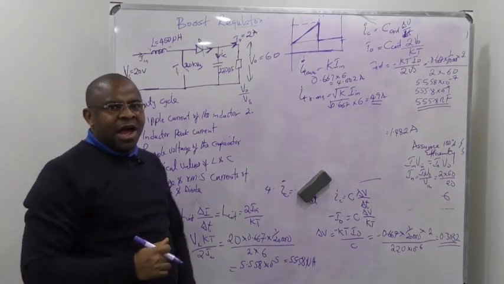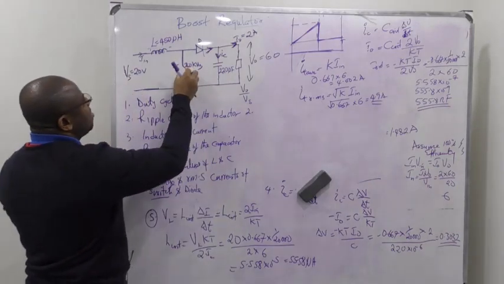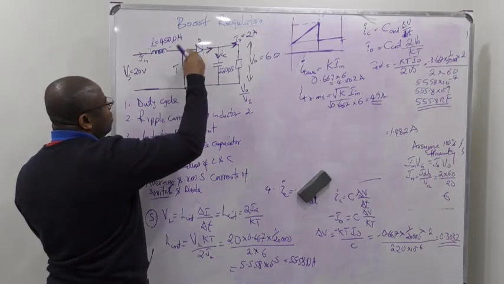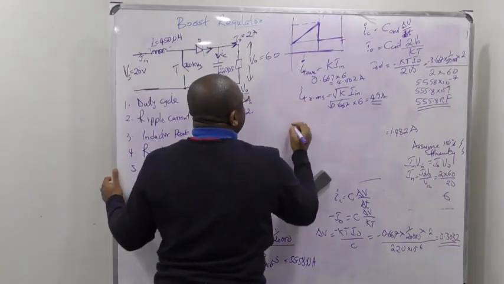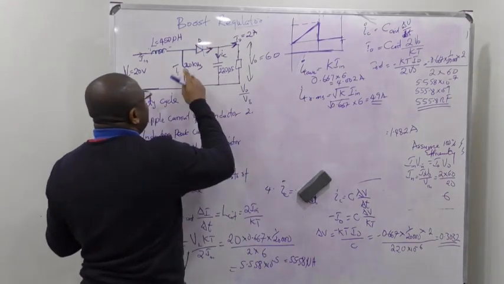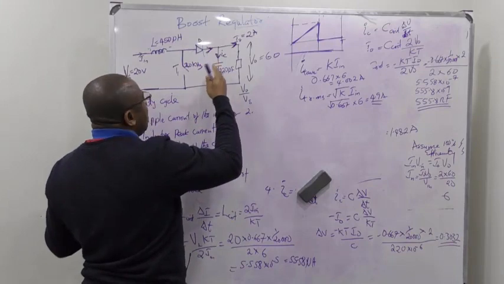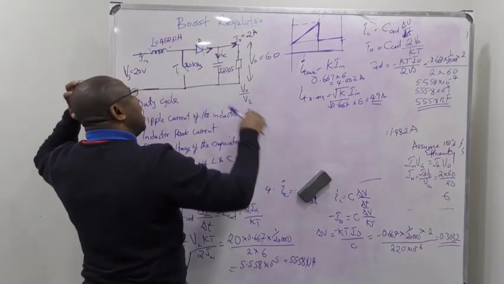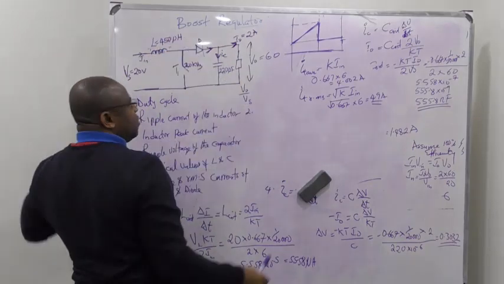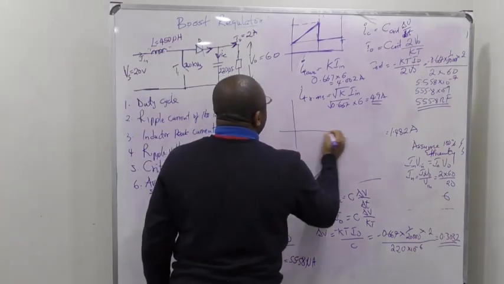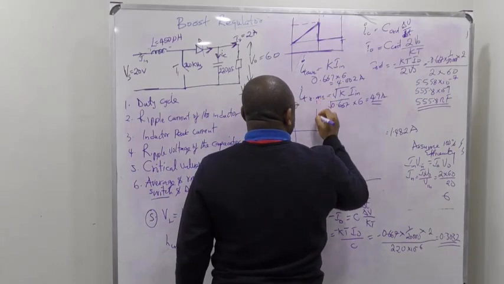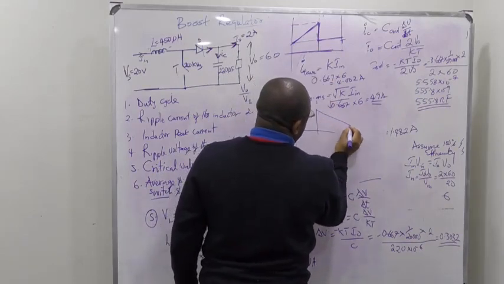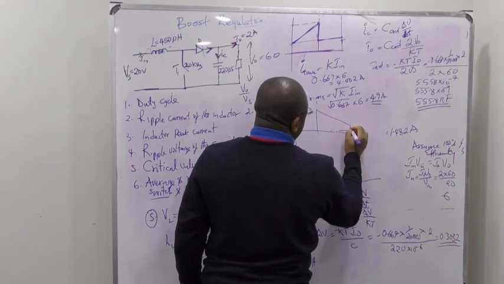The diode, how does a diode signal look like? Remember that when this is on, only this goes, nothing goes to the diode. So on the diode side, when this is off now, the current here that was built up begins to discharge. It needs to discharge like that until you get to a particular point.